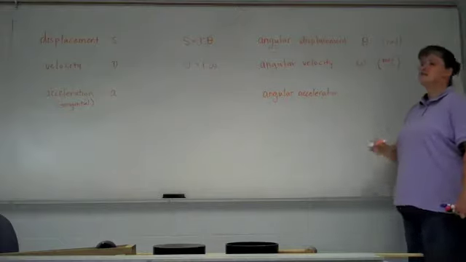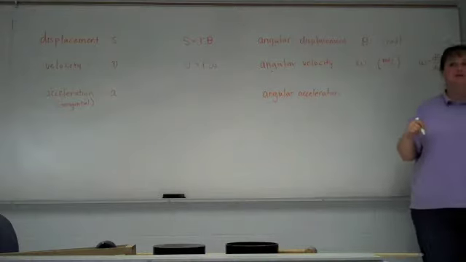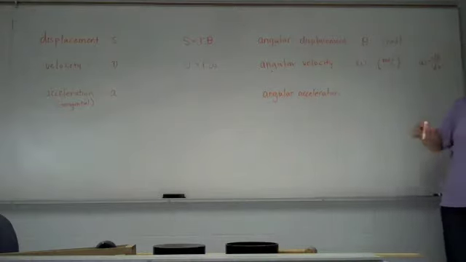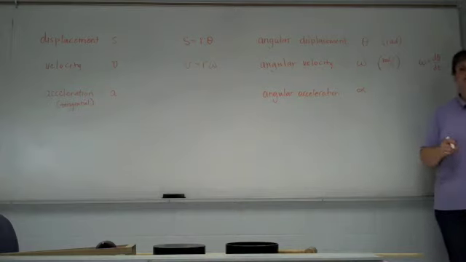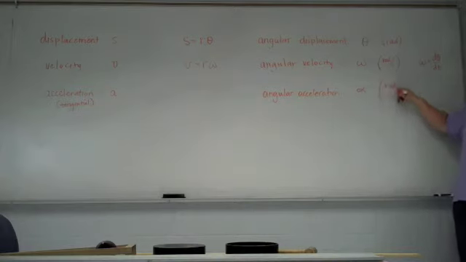If your object is spinning faster and faster and faster, or slowing down, then it will have an angular acceleration. The symbol we use for angular acceleration is alpha. It's a Greek letter. The units of angular acceleration are radians per second squared.